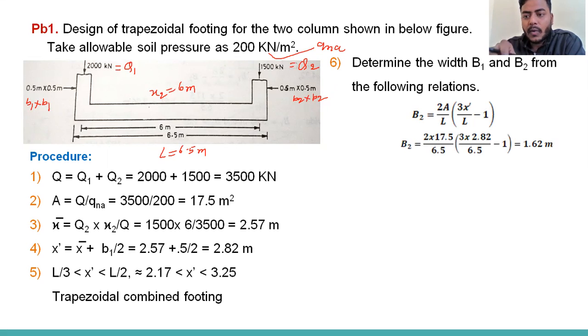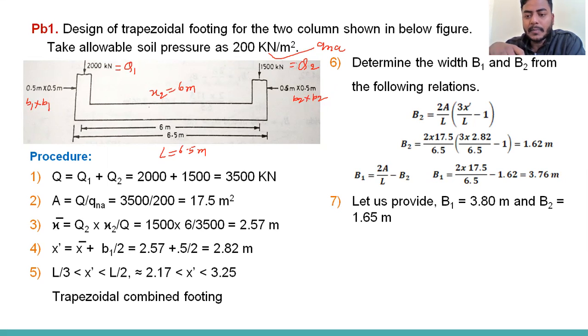So B2 we get as 1.62 meter. This is the required width. Once we put in the value of B2, we can calculate the required width B1, that we get as 3.76 meter. Let us provide some extra width to be on the safe side, and we have provided B1 as 3.8 meter and B2 as 1.65 meter.